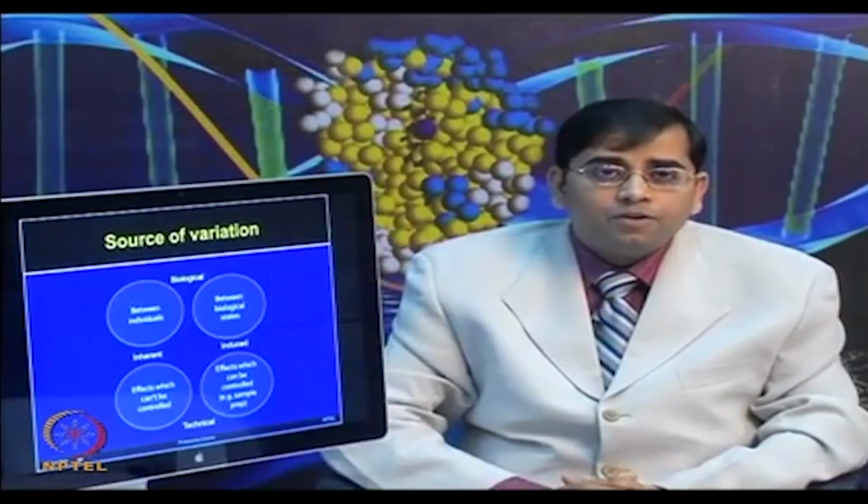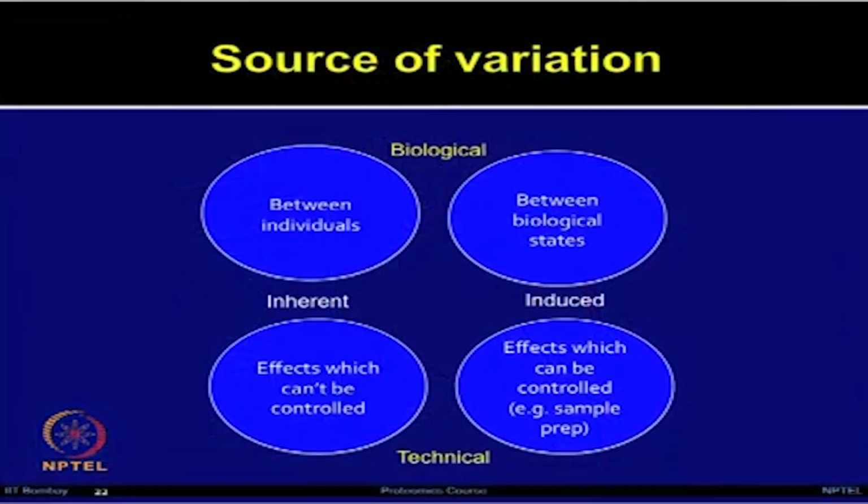There are different sorts of variations that can be introduced from biological as well as technical means. There are biological variations over which there is no control. If you are doing clinical studies, even if you have done proper age and gender matching, there will still be some variations due to each individual's uniqueness.